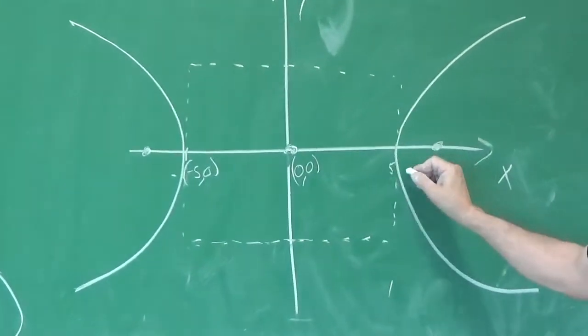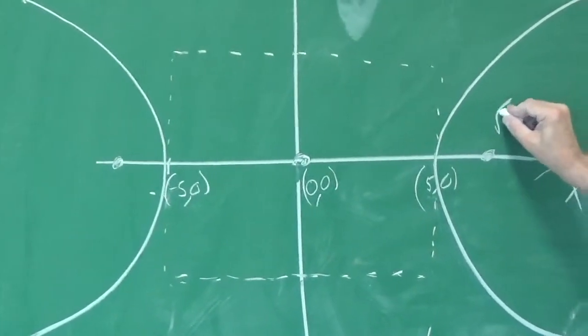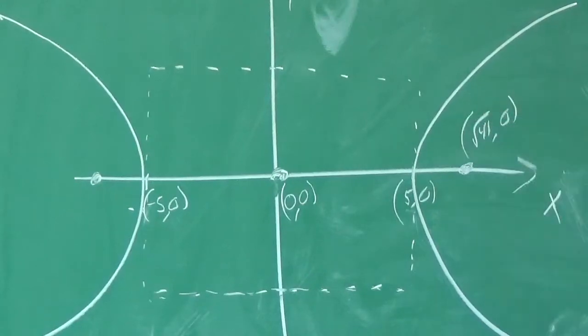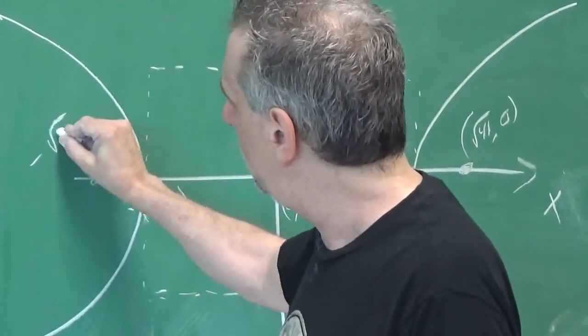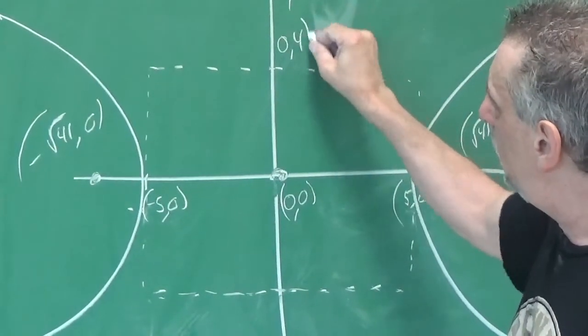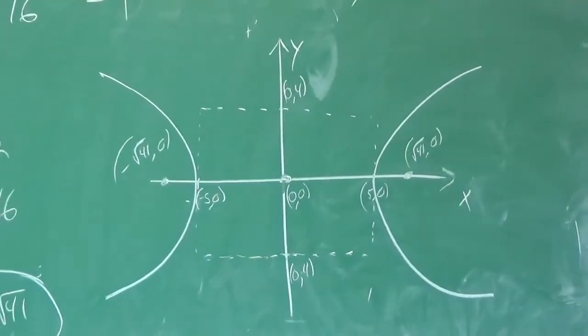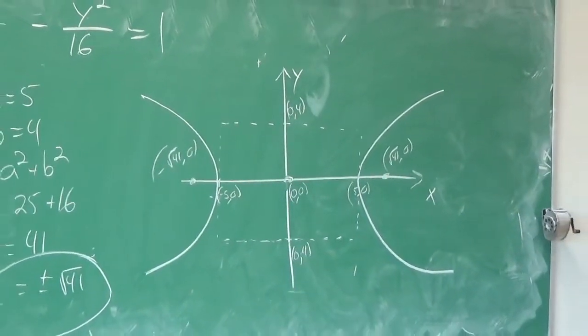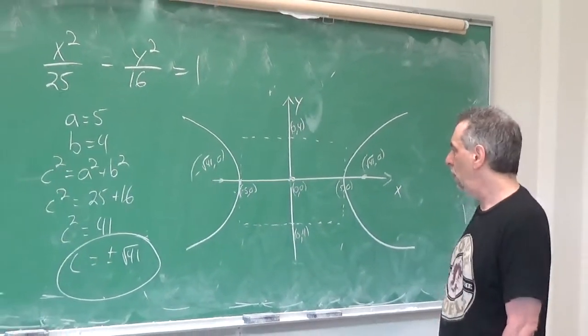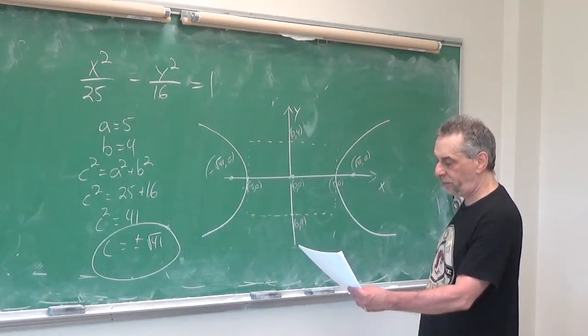The other at 5, 0. The foci at positive square root of 41, 0, and negative square root of 41, 0. The minor axis points at 4 and negative 4. Okay, and that is what we're trying to do here.